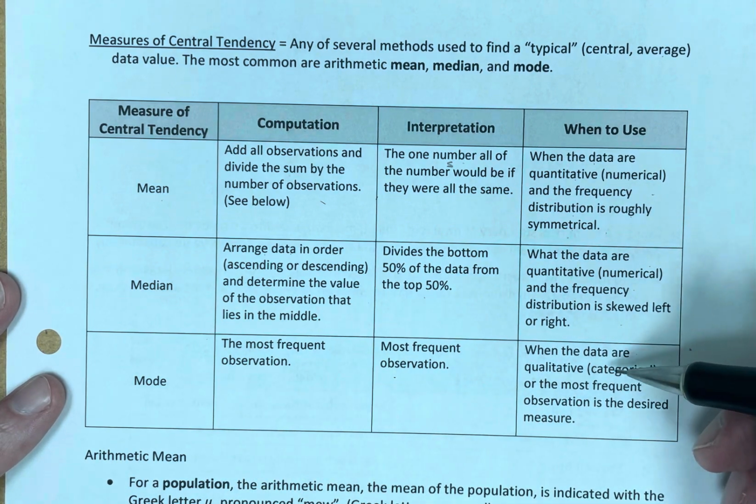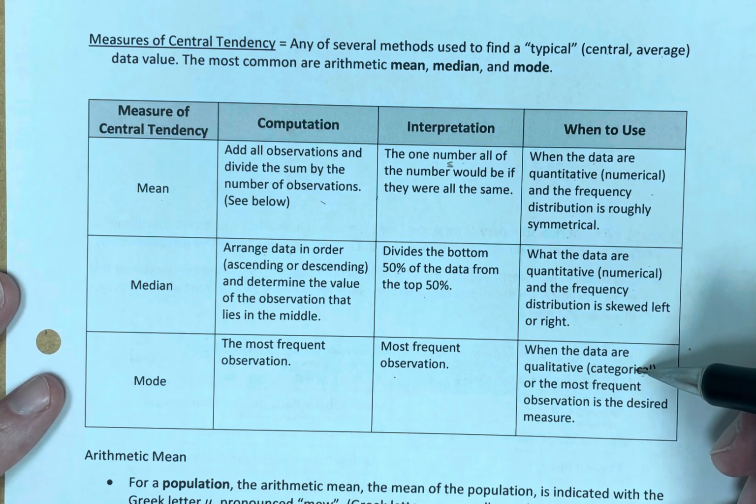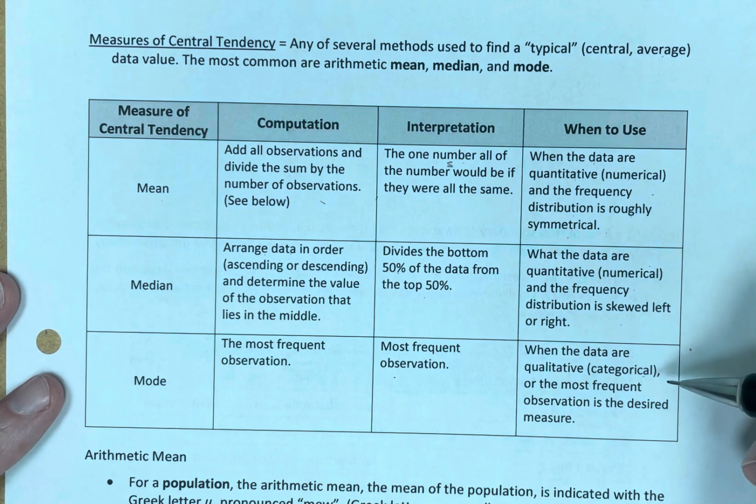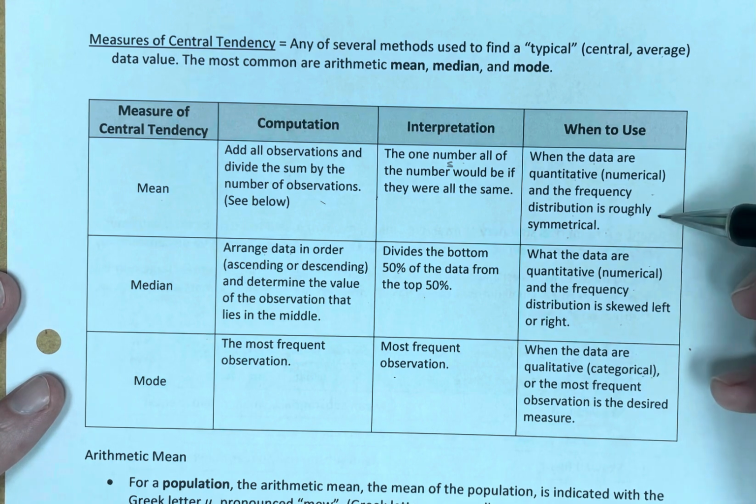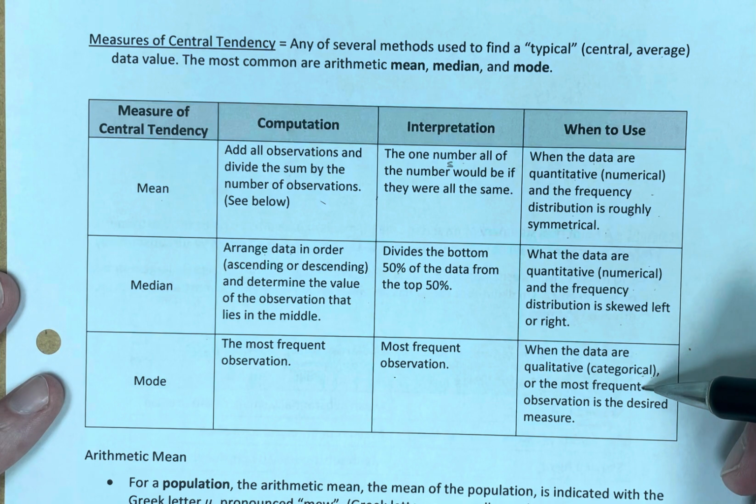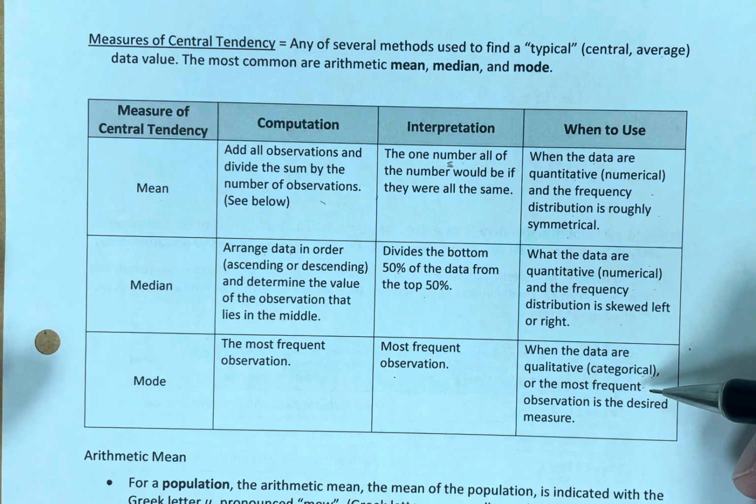Certainly when the data are qualitative, when the data are categories. Favorite ice cream flavors has nothing to do with numbers, so we can't calculate a mean or a median, but we can certainly calculate a mode. It looks like most people chose chocolate, for example.